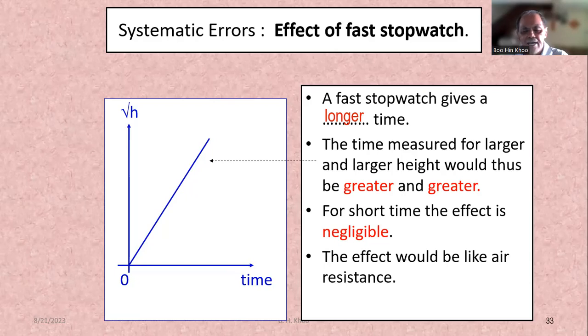The effect will be like air resistance, something like that. But it's a straight line. With a fast stopwatch, the error is always the same. So instead of the reading for this particular height, there's a longer time, because it's faster, it gives a longer time.